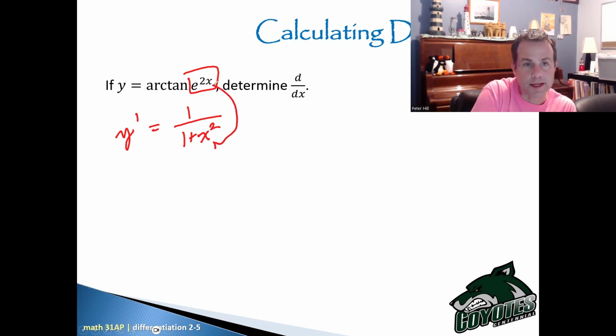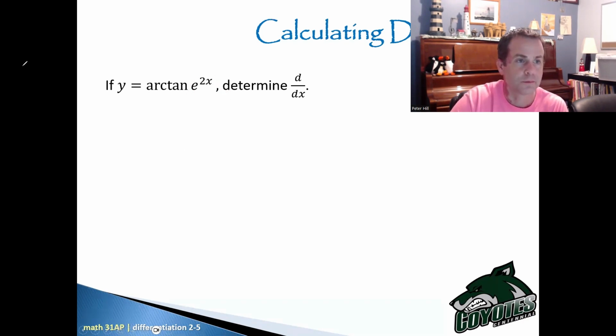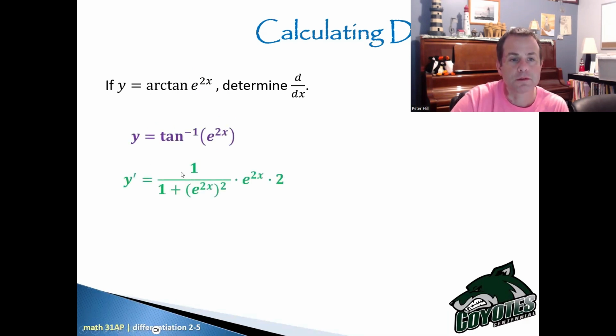So I'm going to plug that in for that x right there. So it'll be 1 over 1 plus e to the 2x squared, which would look like this.